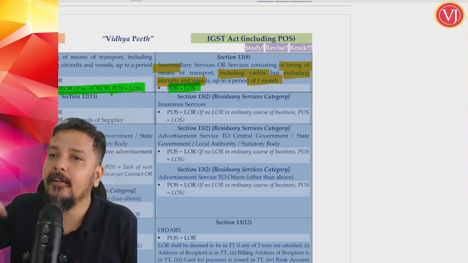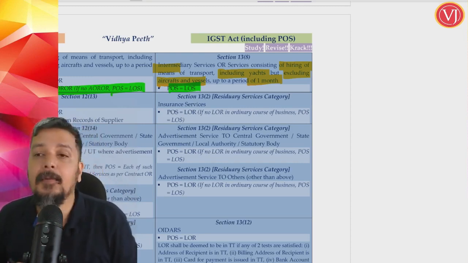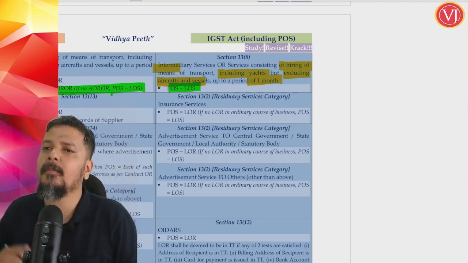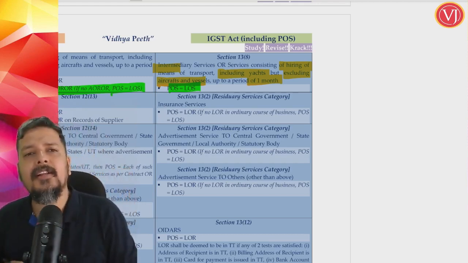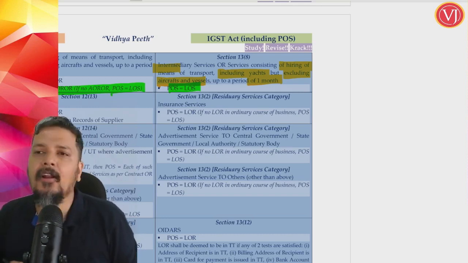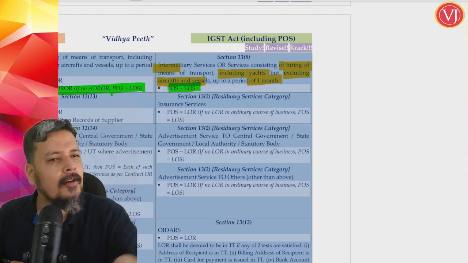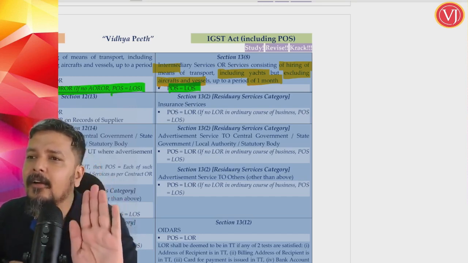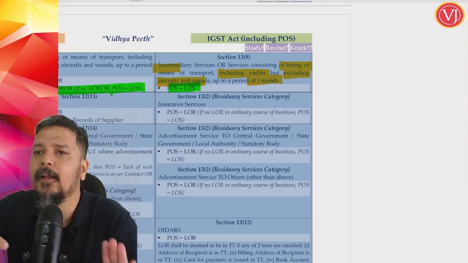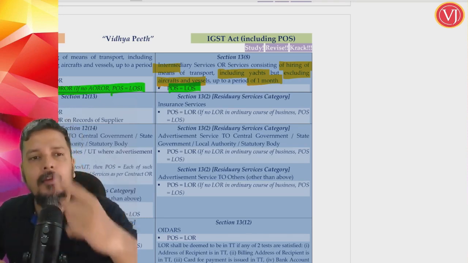Place of supply is location of recipient; if it is not available in the ordinary course of business, then it is location of supplier. Don't you think that for the foreigner who is coming to India and taking the vehicle on hire for 2 months, that supplier would have taken the proofs? Don't you think that the address is already clearly available on records in the ordinary course of business? So it will be location of recipient.